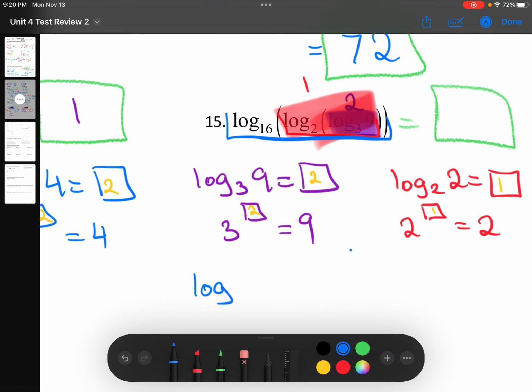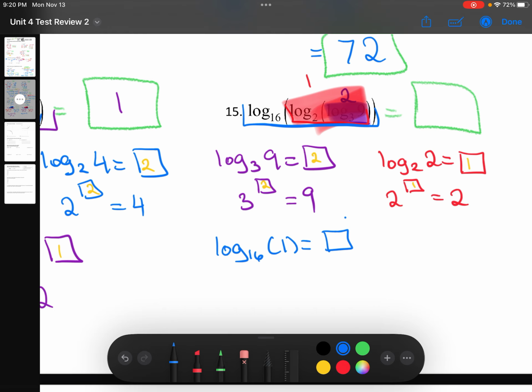And now we're doing that final piece, outer piece, just log base 16 of 1 equaling what will be our final answer. So 16 to some power equals 1. Well, the only way to get 16 to a power to be 1 is to use 0. So that final answer here is 0.